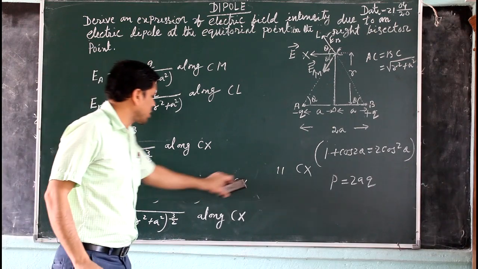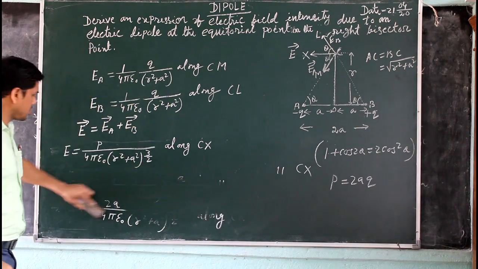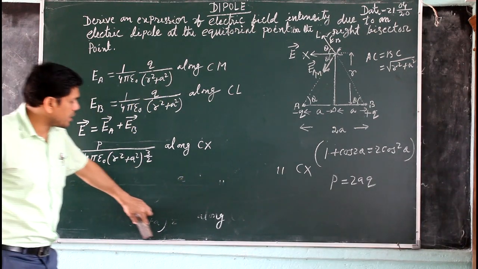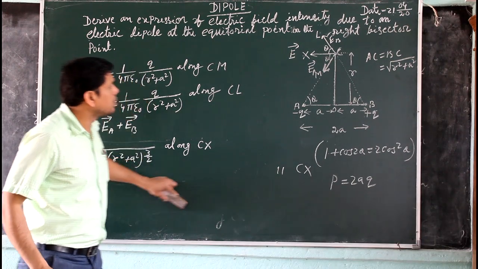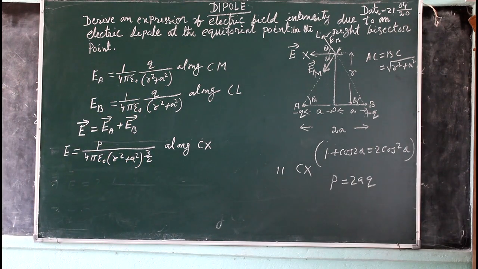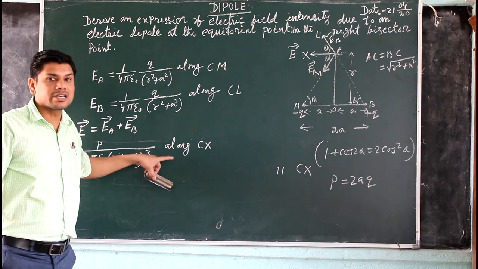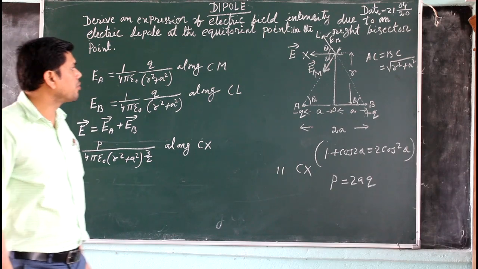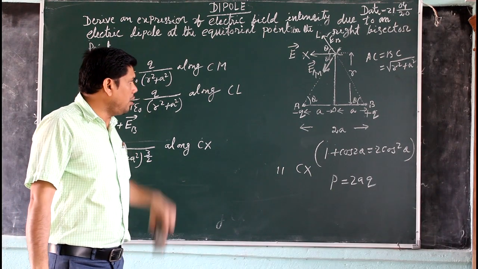This is the expression of resultant electric field in terms of dipole moment at point C, which is the equatorial point of this dipole. And this CX gives the direction of the resultant electric field.